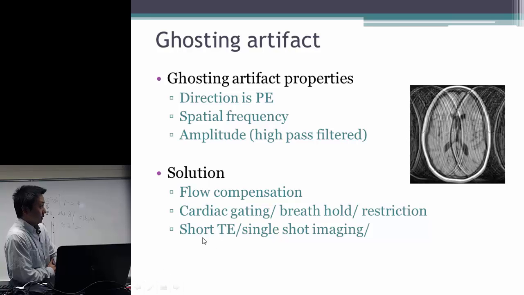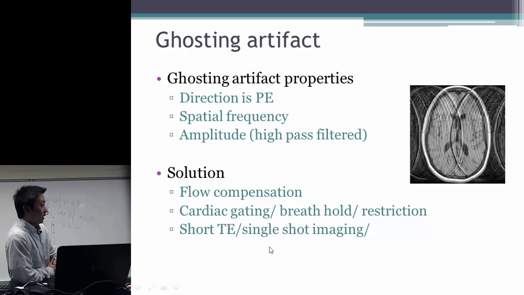And also, to reduce ghosting, most of the time a shorter TE can help. If you scan this image with a much shorter TE, chances are this ghosting artifact will be removed or reduced.